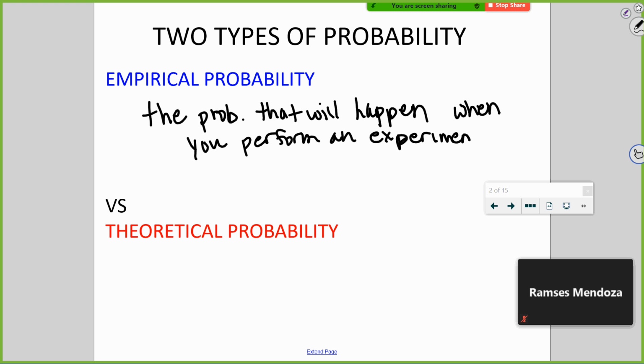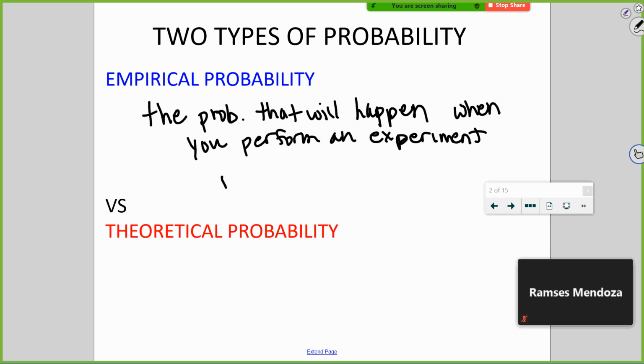So usually I'll have a whole bunch of pennies, right? And we'll flip a coin, and we'll figure out what we actually get for the probability of heads. So I can simulate that on the calculator.